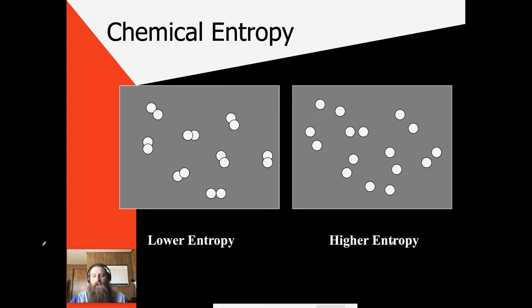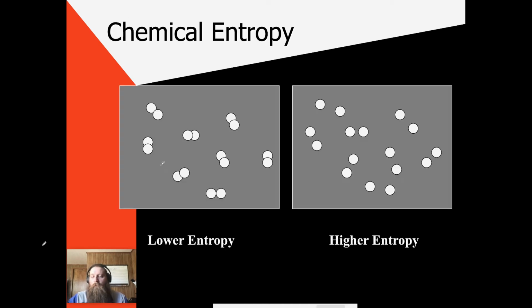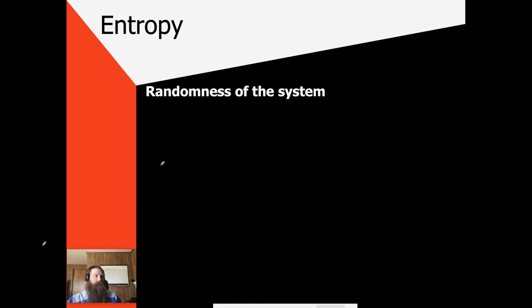The one on the right is not. This guy could go this way, and he could go there, and they could all move. And these two have to move in the same direction. So there's more organization in our diatomic system than in our monatomic system. In other words, there are more microstates on the right than there are on the left. That's what we're looking at there.